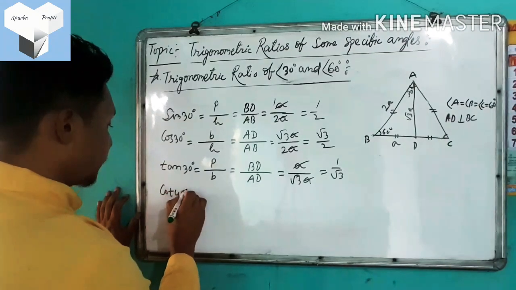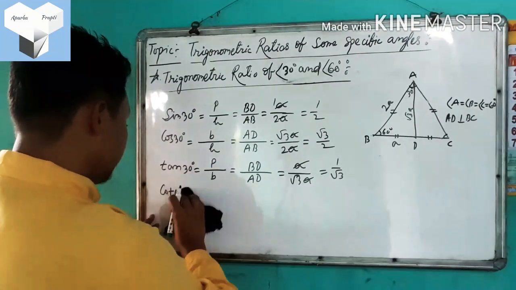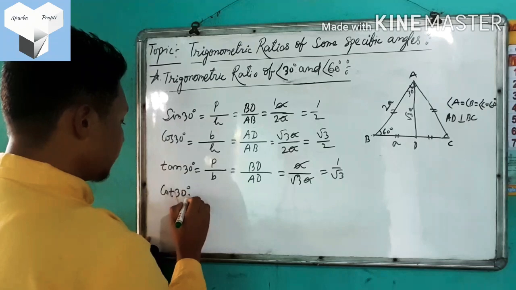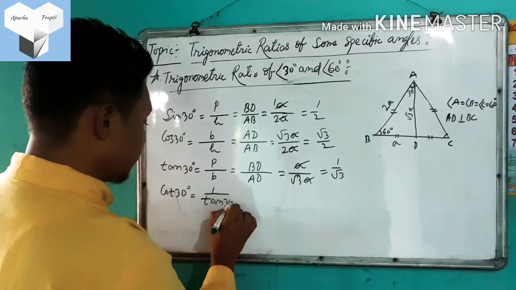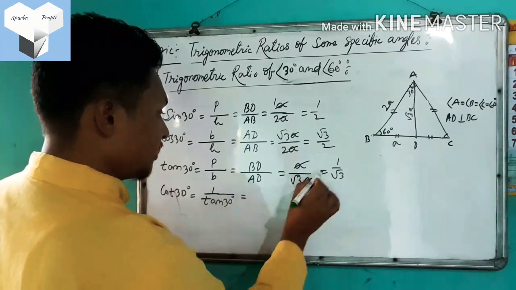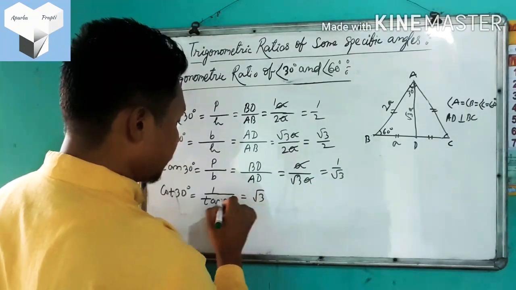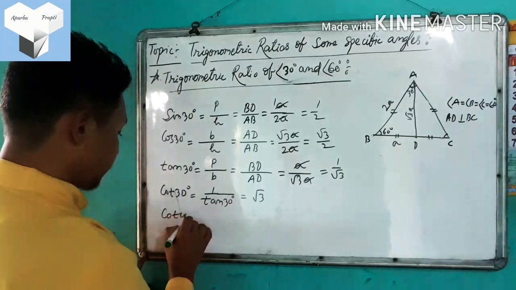So cot 30 degrees is equal to how much? 1 by tan 30 degrees, that is simply the inverse of 1 by root 3, which will be root 3.